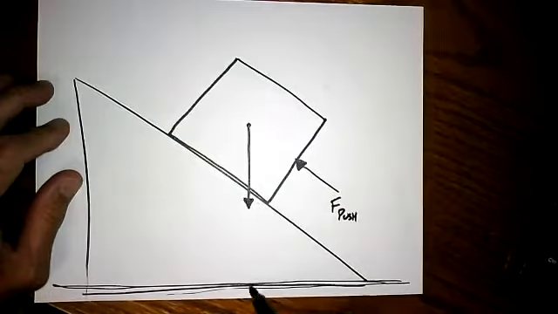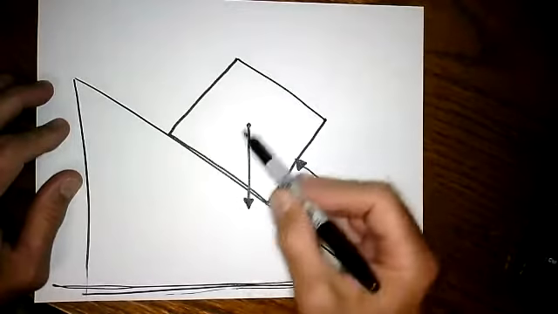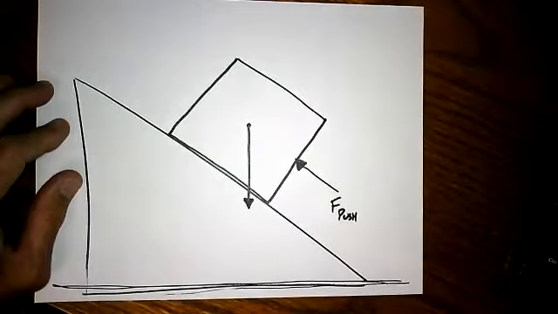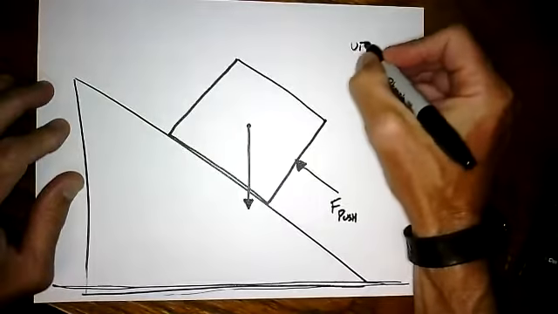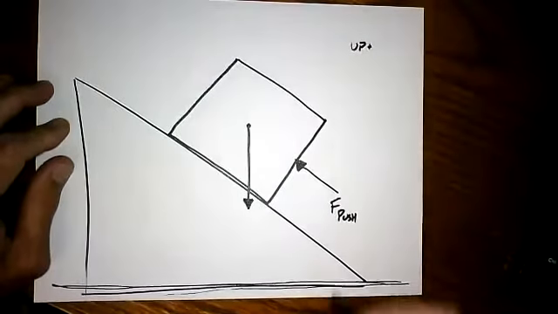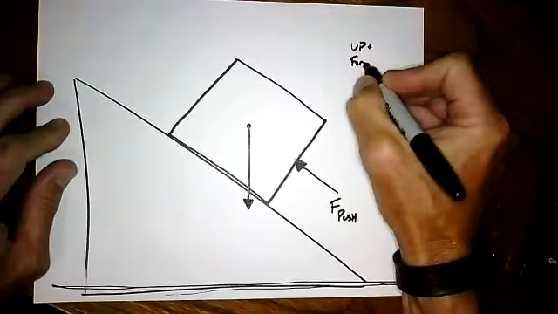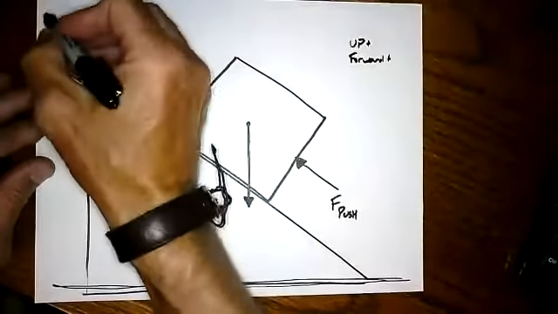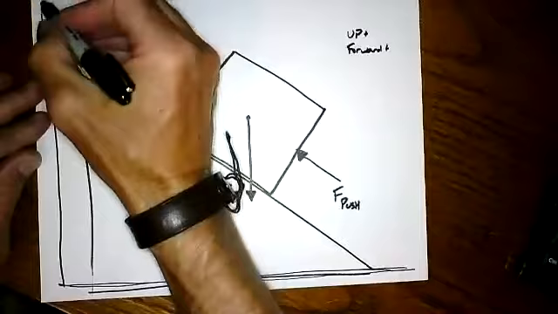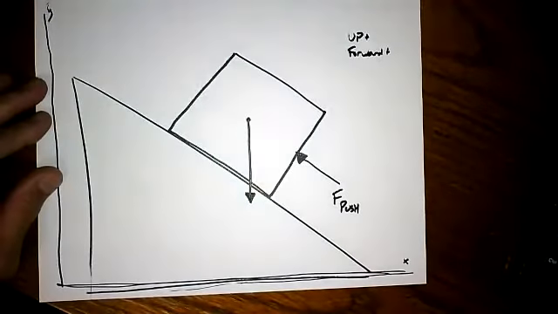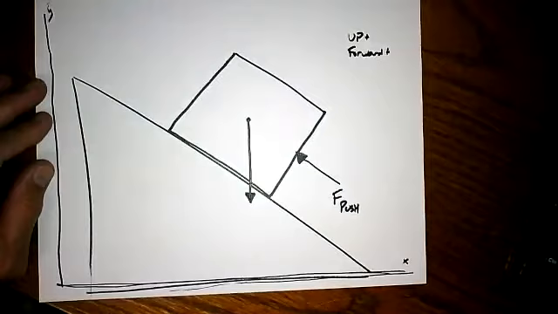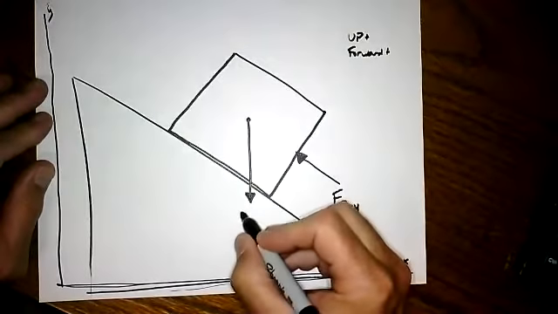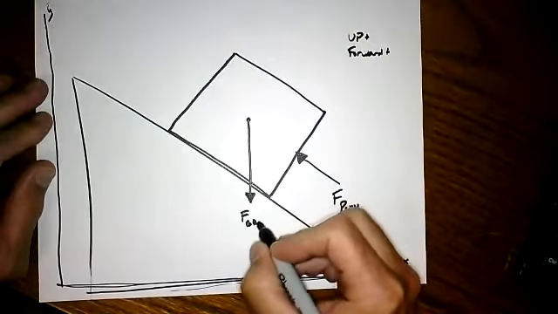And so this force is perpendicular to this surface. Don't draw gravity in a different direction. Up is positive, okay? Forward is positive. So our global reference frame would really be Y and X, okay? It's a good habit to draw arrows correctly. So gravity.